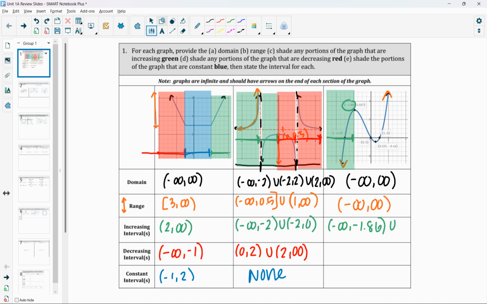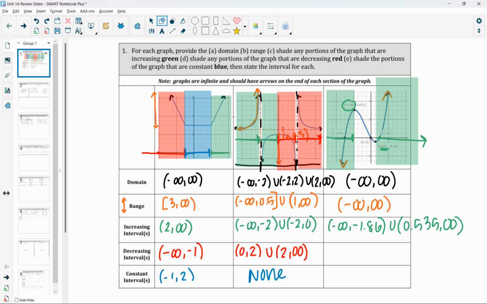And then we're going to have another increasing interval from this minimum for the rest of the graph. And so then again, we can see this x value here is where it starts. So it's starting to increase at 0.535, and this is going from there to infinity that it's increasing for those x values. Then in between there, we're decreasing.